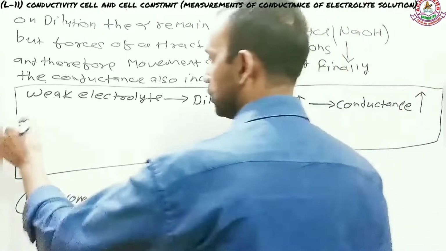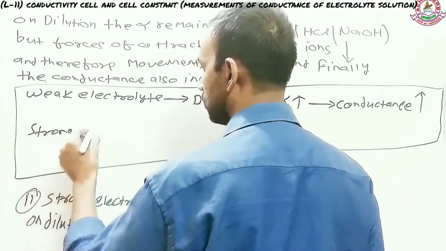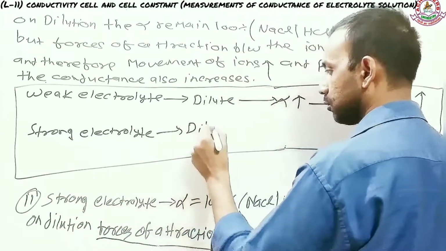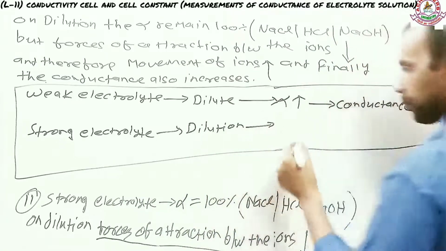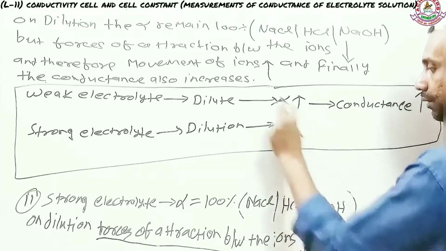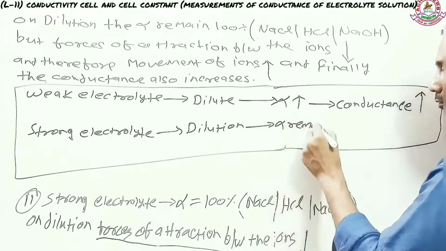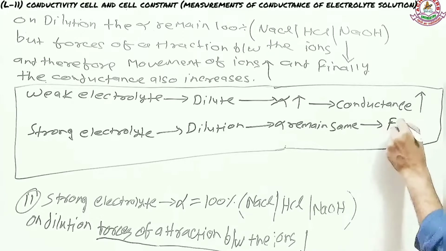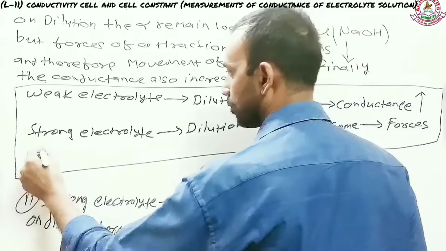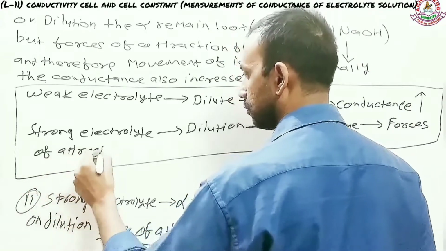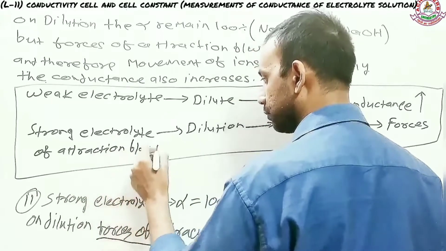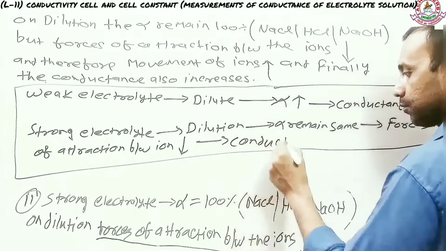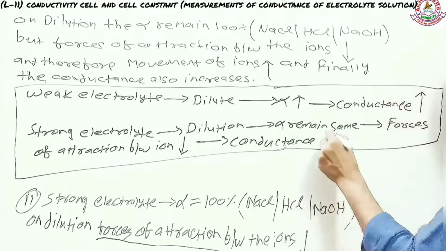Now, strong electrolyte: dilution, alpha remains the same, alpha is 100%, but forces of attraction between ions decrease, and therefore conductance increases.